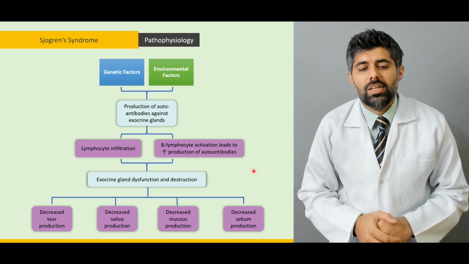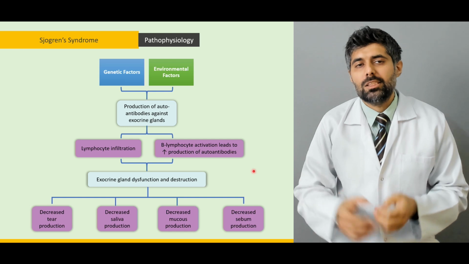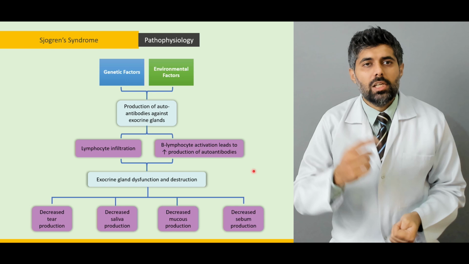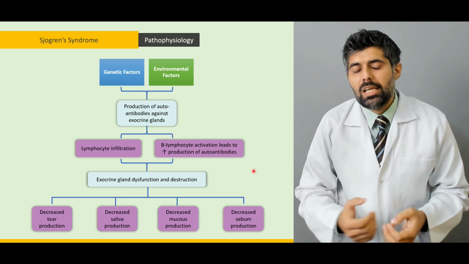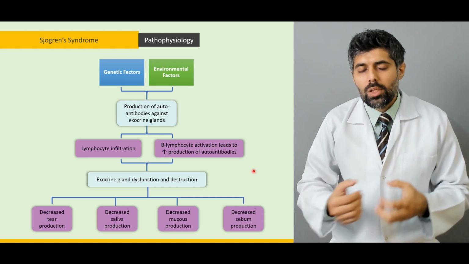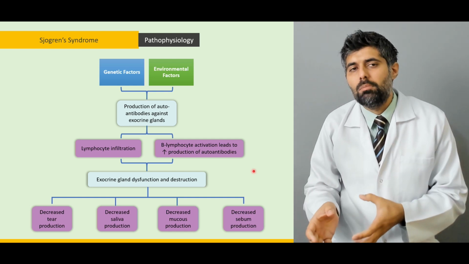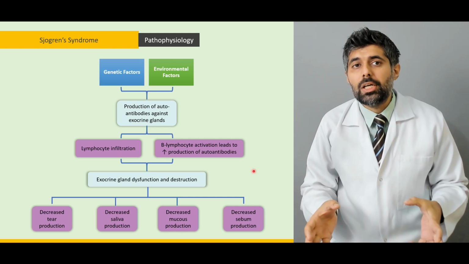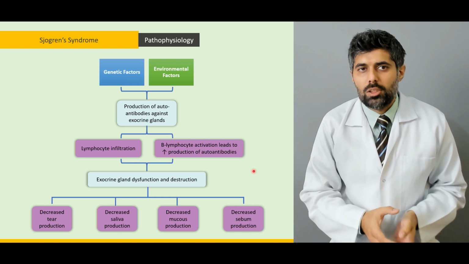We also have decreased mucus production, and this is noticed not only in the oral cavity but also in the oropharyngeal and laryngeal cavity, and can even extend into the trachea. So when all of these small glands inside the mucous membrane are dysfunctional, they lose their ability, and dryness of that particular area starts to happen.